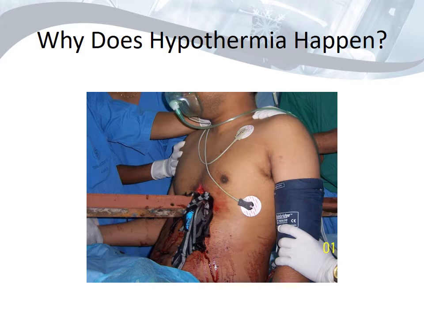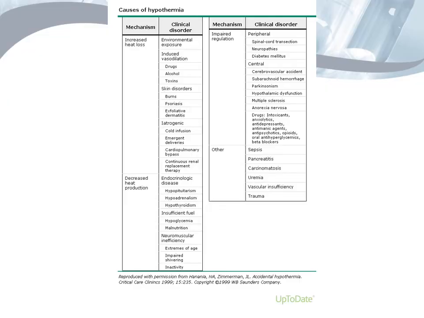But then also, why hypothermia happens in some places other than Florida, it's just dang cold. So, what's wrong with hypothermia? Well, lots of things. This is causal hypothermia. Causes include exposure, vasodilation, skin disorders like burns, for example.